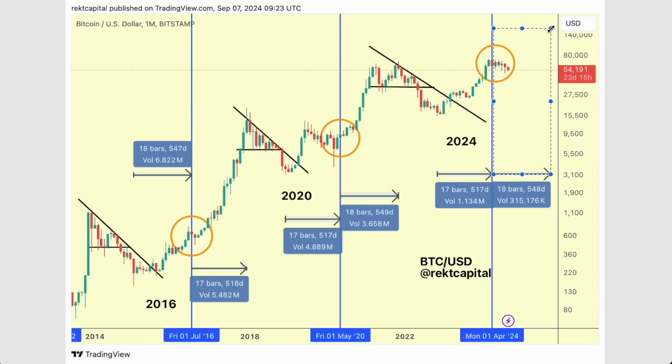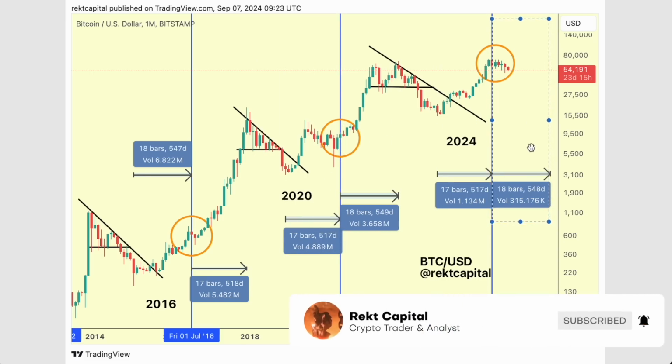We still have over a year left in this bull market according to history, and I prefer to believe in what history says, because historical tendencies, when it comes to Bitcoin, tend to repeat across all market cycles, and as long as history repeats, we're simply in good hands when it comes to Bitcoin's price action and the bull market top that still lies ahead in the coming months.